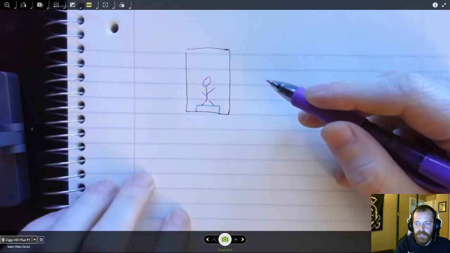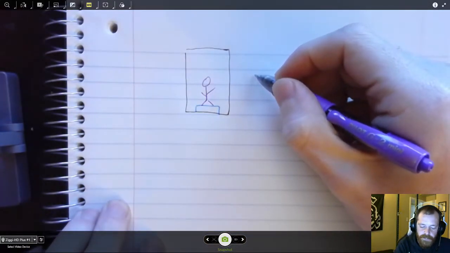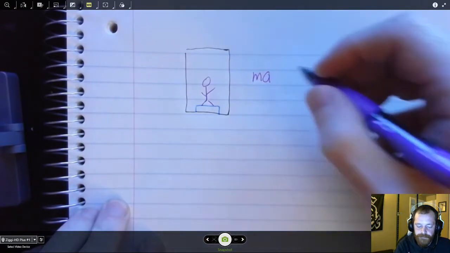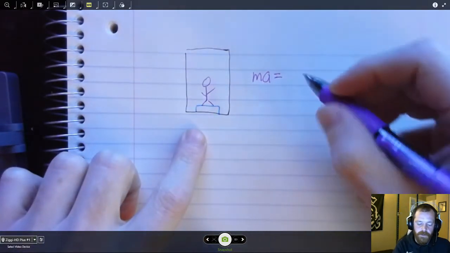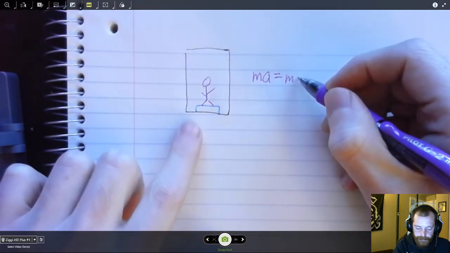Now, if the object's accelerating, those two forces are not going to be the same, not necessarily at least. So if we know that the net force of an object is equal to its mass times its acceleration, and we know that the two forces acting on this person are the weight pulling down and the normal force pushing up.